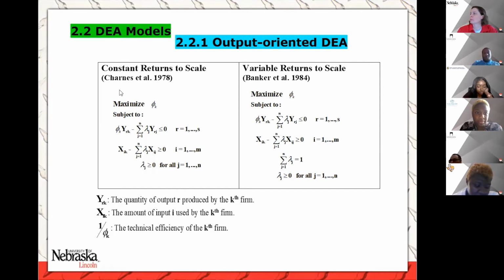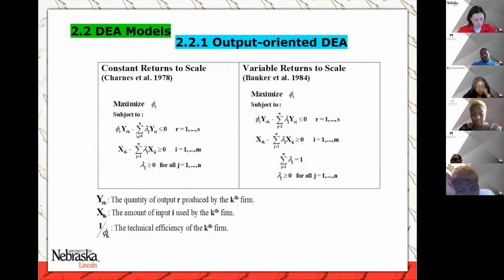It's a linear programming model, which is beyond the scope of this video. So we have constant return to scale, which maximizes PK. The inverse of PK is called the technical efficiency score of the case firm. And then you have variable return to scale. So it consists of an objective function, maximize, and then two sets of constraints.